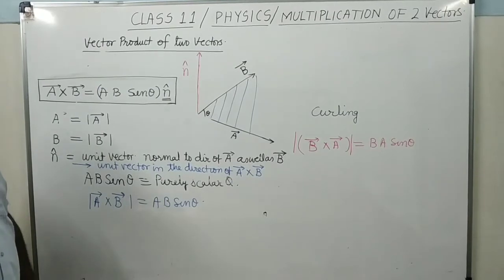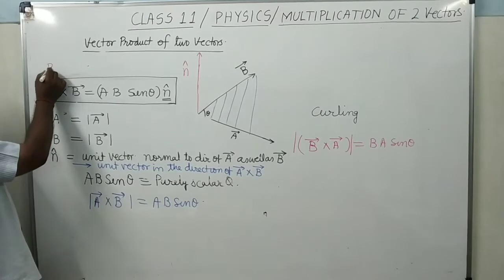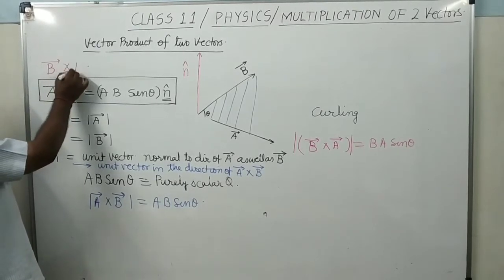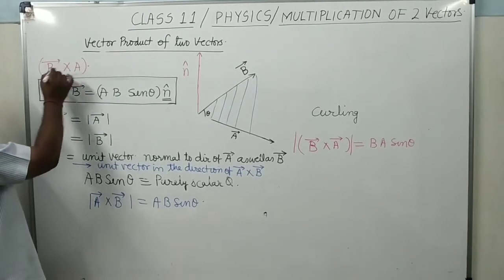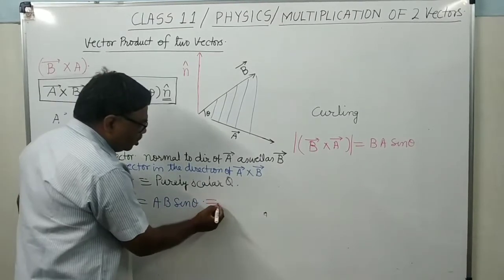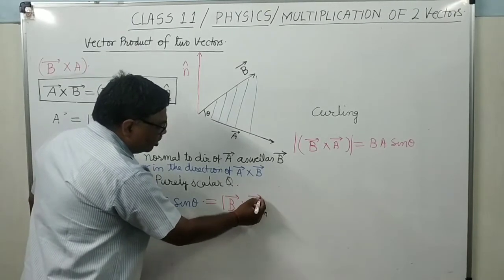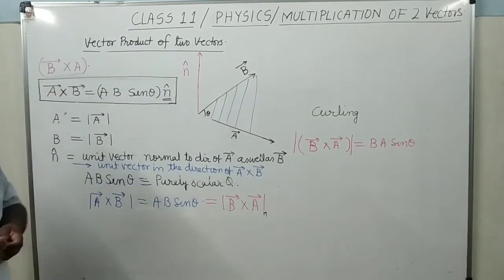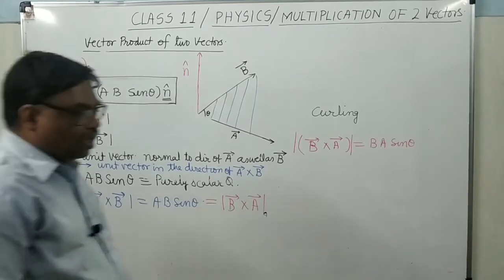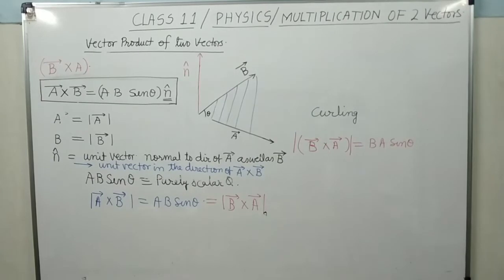Is it clear? Means you can see here vector A cross vector B and vector B cross vector A. Both have the same magnitude, AB sin theta, but they are opposite in direction. One is normal to the board in the outward direction and the other is normal to the board in the inward direction.